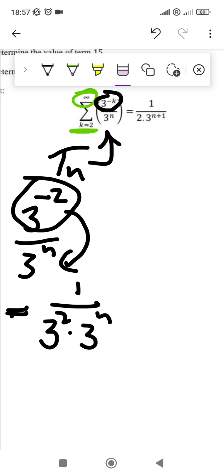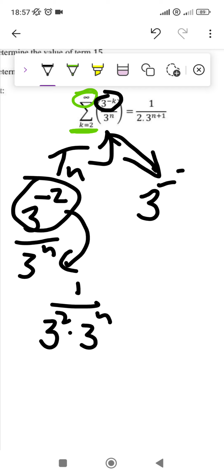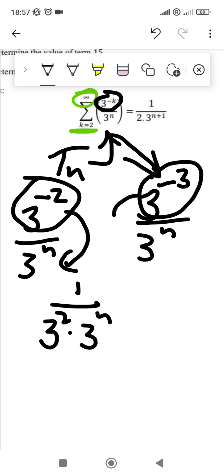How would the second term look? We can again go to that equation there, and instead of a 2, we're going to substitute the next value, which is going to be a 3. So then it would be 3 to the power of -3 divided by 3n. Again, this thing goes down.